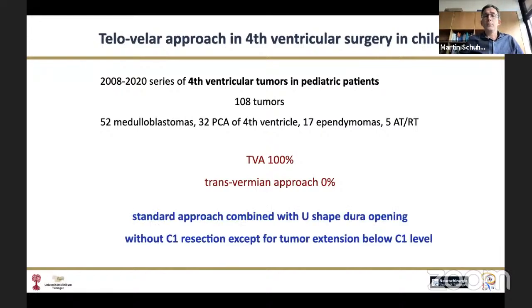It is our standard approach, combined with the U-shaped dura opening I demonstrated to you, and we only do C1 resection if the tumor extends below. You do not need a C1 resection to look upwards, as is still taught in some textbooks. So I thank you very much, and I hope I could show you the pediatric perspective on this very versatile and useful approach to the fourth ventricle.